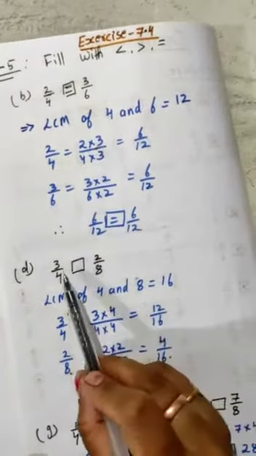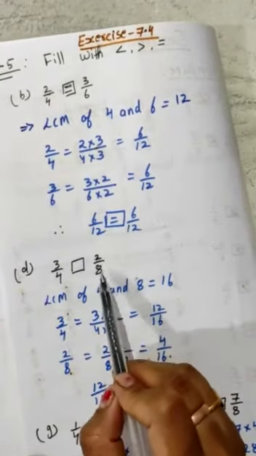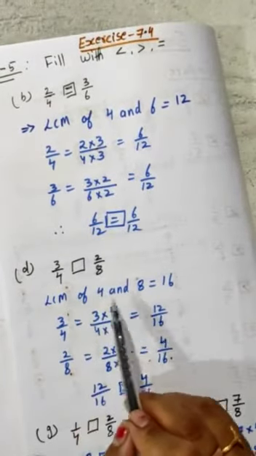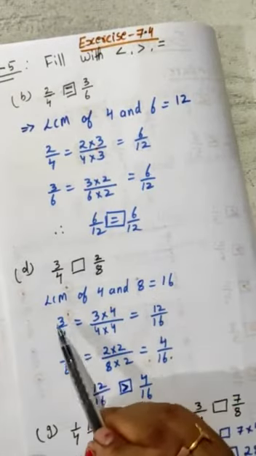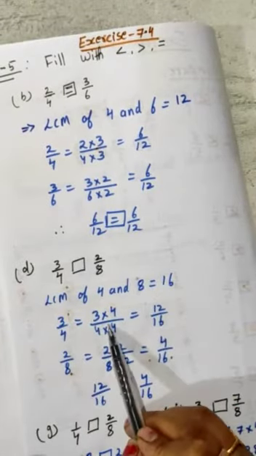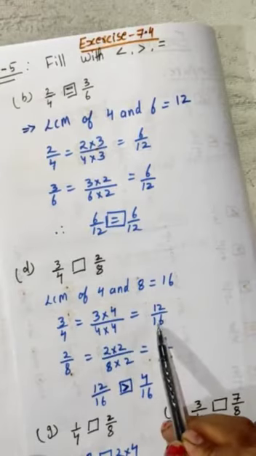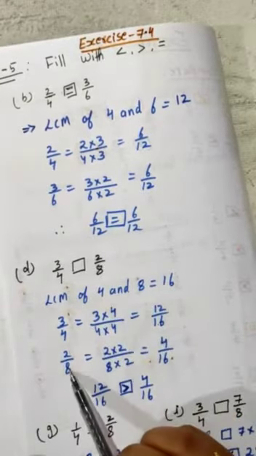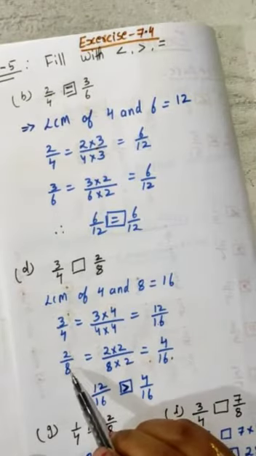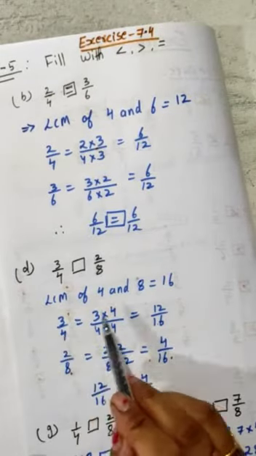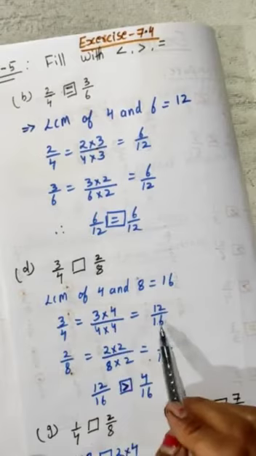Similarly, the second one also, 3 by 4 and 2 by 8. So you have to find the LCM of 4 and 8, which is 16. So 3 by 4 will get converted into 12 upon 16 and 2 by 8 will get converted into 4 upon 16. Now you always have to remember, you multiply 4 by 4 then you will get 16.